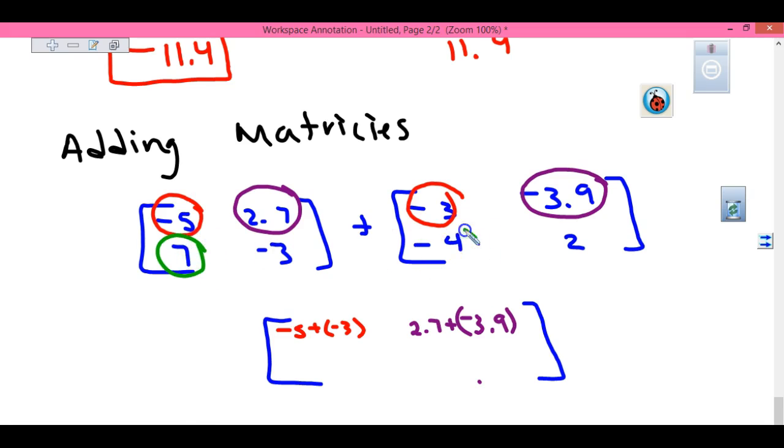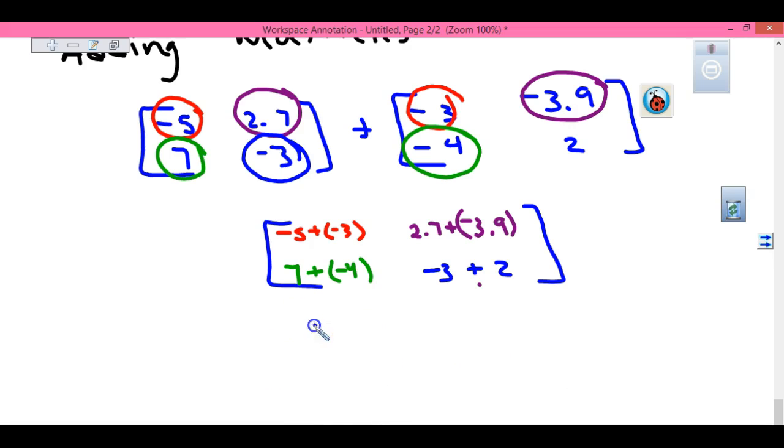Then 7 plus negative 4. Negative 3 plus 2. Negative 5 plus negative 3 would be negative 8.